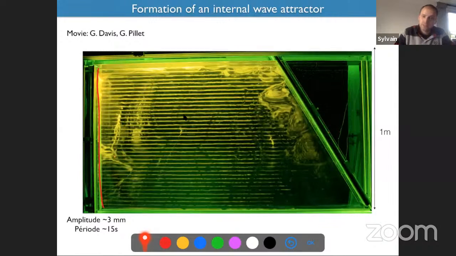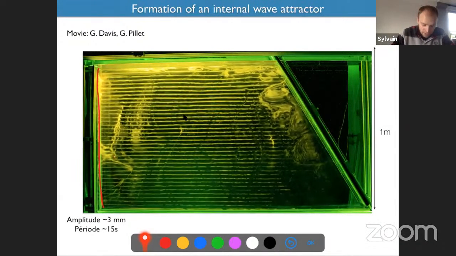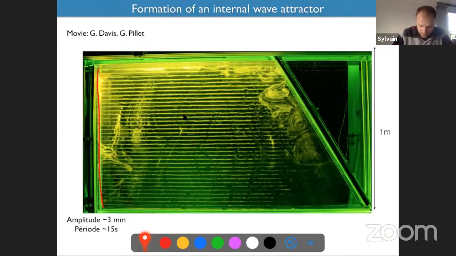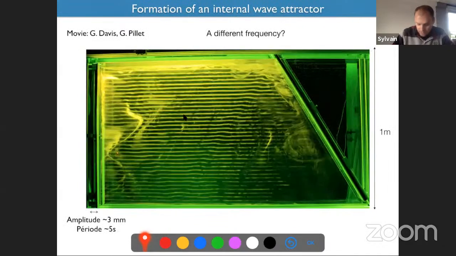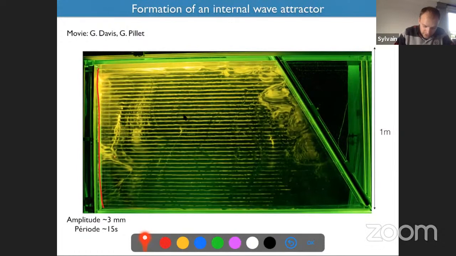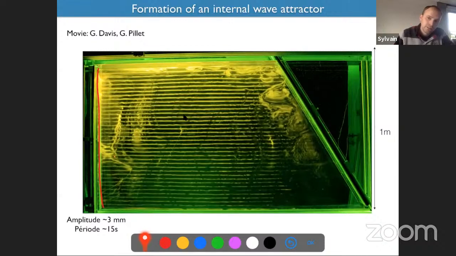Every point of the wave maker will generate a wave beam. And when you look at the movie, at what happens at the end, all the energy is localized in this pattern here.